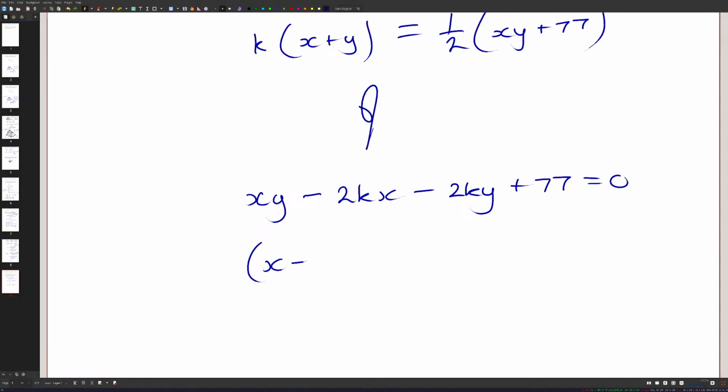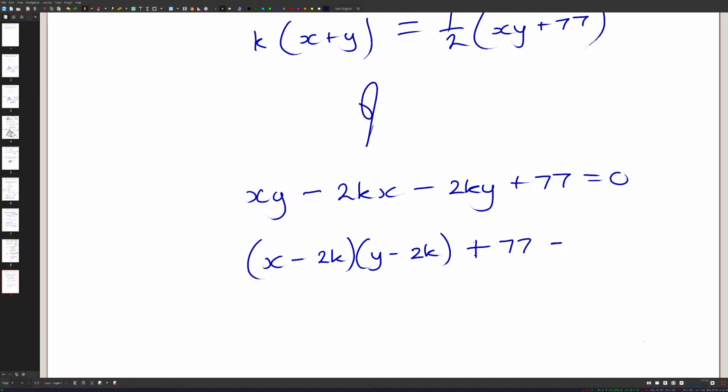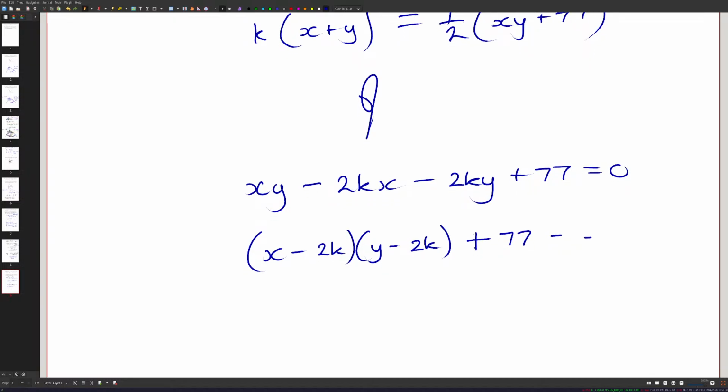This is (x minus 2k)(y minus 2k) plus 77 minus 4k squared equals 0. But I don't think this is actually going to go anywhere though.